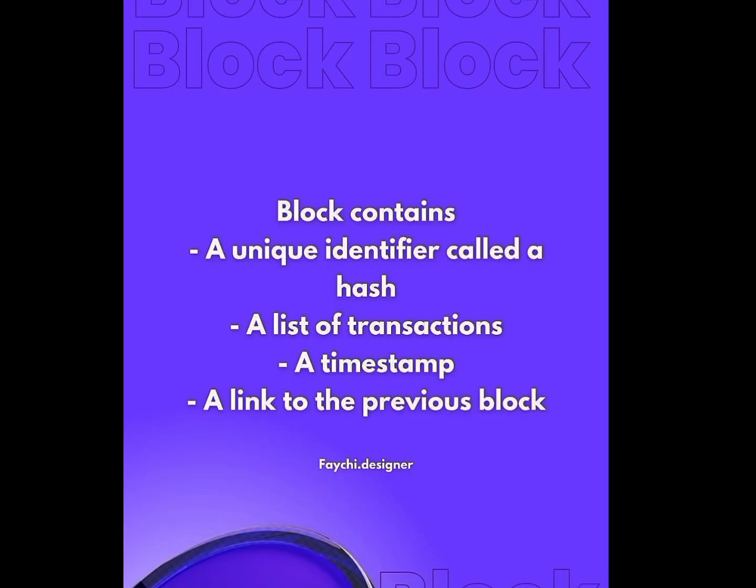So it's like a container that holds a batch of information, right? So this block contains a unique identifier called a hash, a list of transactions, a timestamp, and the link to the previous hash. For developers, when you are coding, you're going to see it, but I'm not talking to developers, just designers, so I don't think you need to know how the whole hash thing looks. It's just a combination of letters and numbers. So don't stress yourself with that.